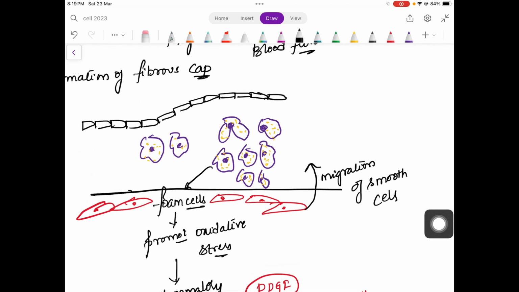These smooth muscle cells will migrate to here and they are deposited here like this.